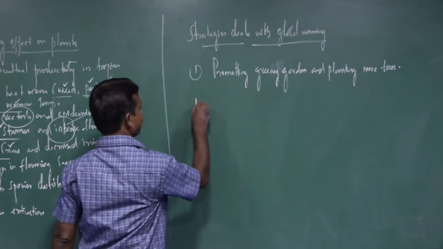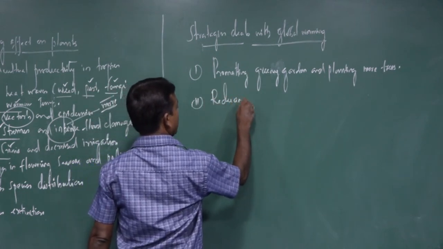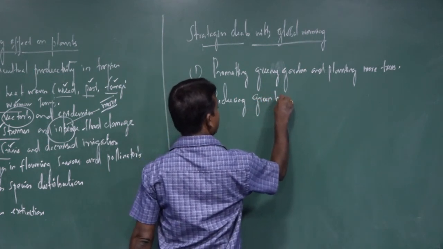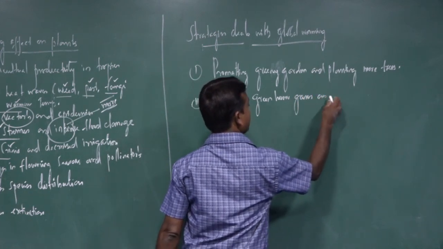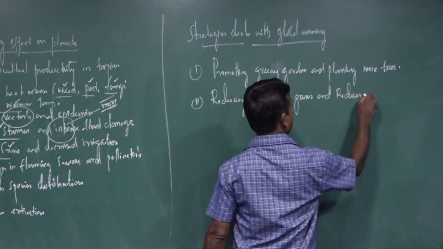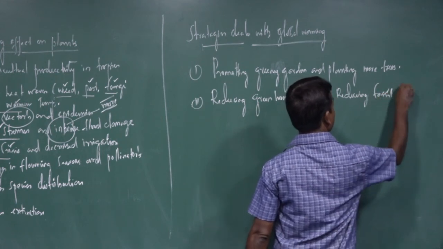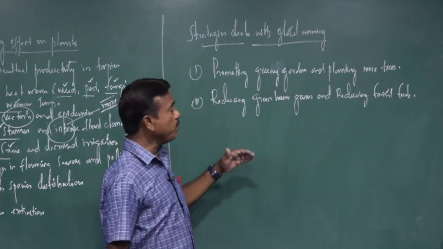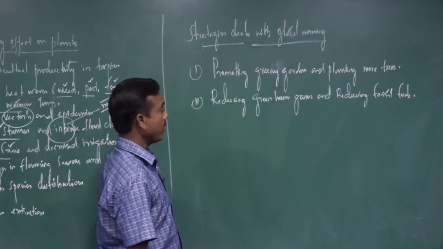The second thing, reducing greenhouse gases as well as reducing fossil fuels. If the level is reduced, it is responsible for reducing global warming.